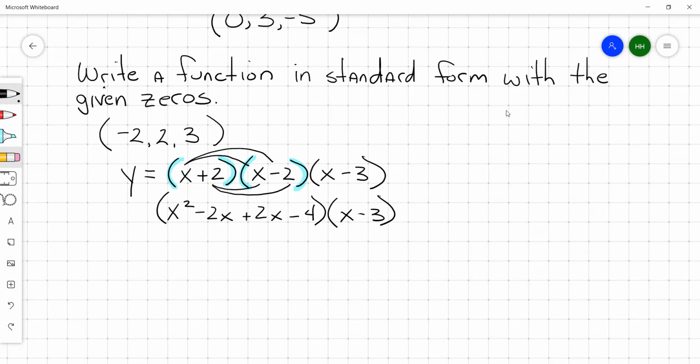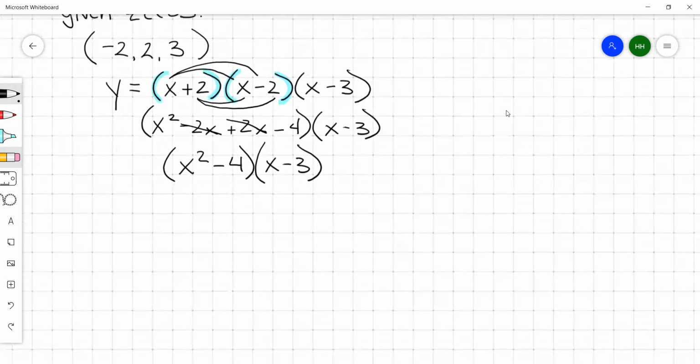Now, in this first product, we got to combine like terms. And look, this -2x and positive 2x, those cancel each other out. So we're left with x squared minus 4. And we got to multiply that by x minus 3. So we needed to do the distributive property twice again. We've got x squared times x, which is x to the third.